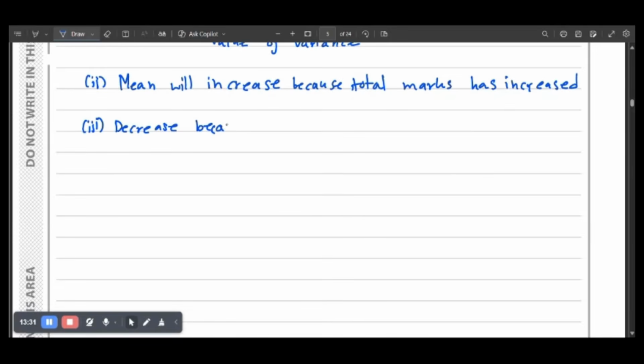So we write, because the mean of B is closer to the mean of A, the difference between each term and their mean will be smaller. That's why the standard deviation will decrease. So this concludes our second question.